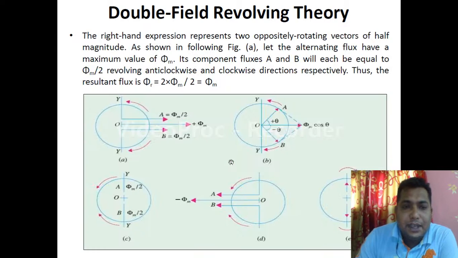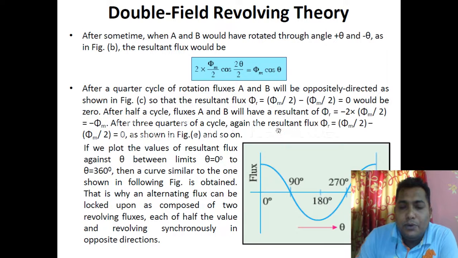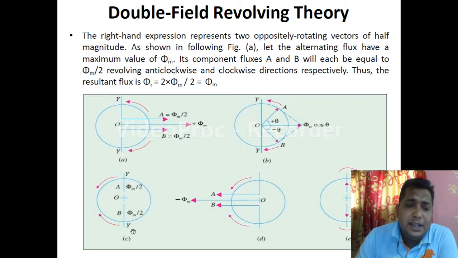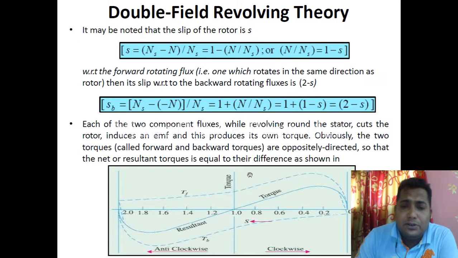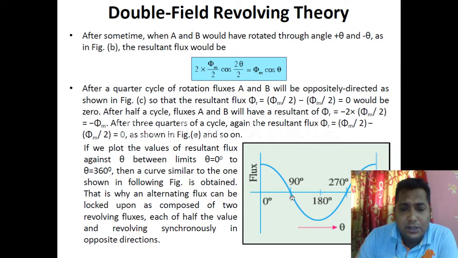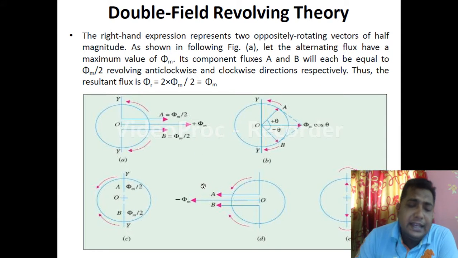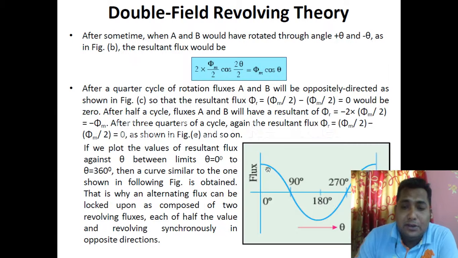In picture number 2, we can consider some value in between the maximum and minimum, because that is known to us. Picture number 3 again has the zero value. Picture number D has a value, but negative maximum. From here it started, it is going like this, and there is a negative maximum. The next value should again be 0.